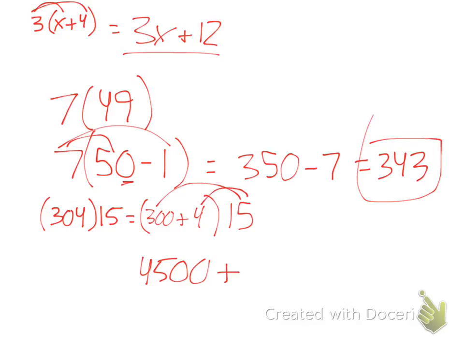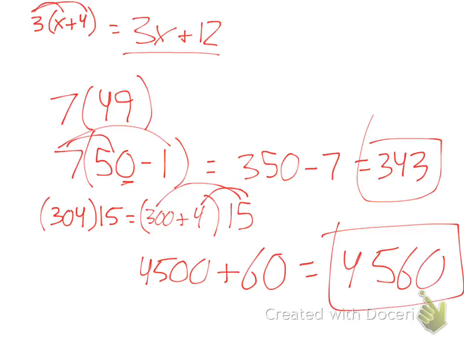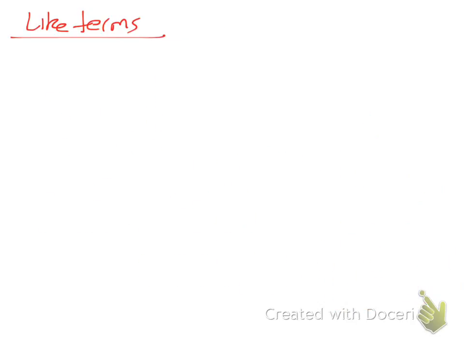So now we're at 45, that was 3 of them. Add 1 more 15. Or 15 plus 15 was 30. 60. So it's 60. So what's our number? If I add those two numbers together, 4,560. Done.